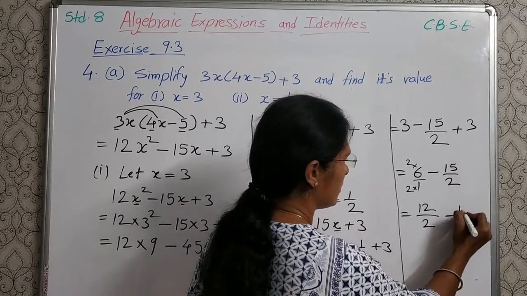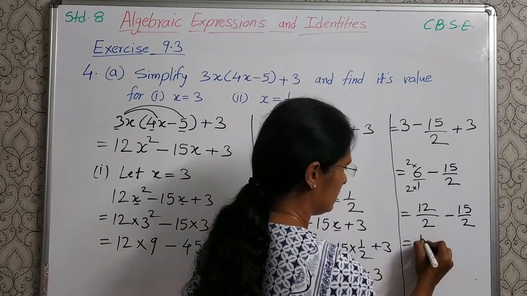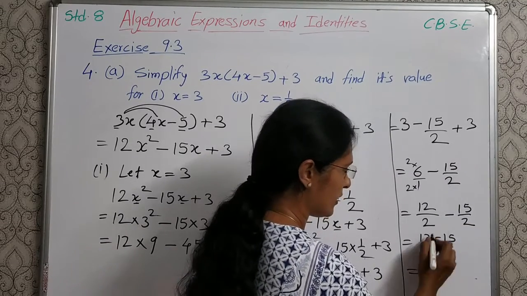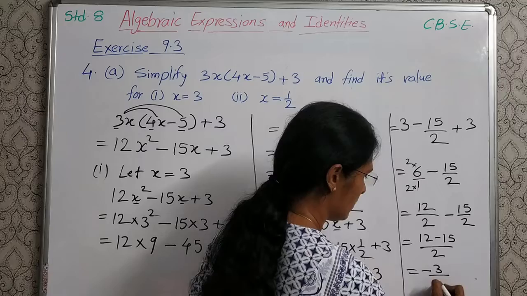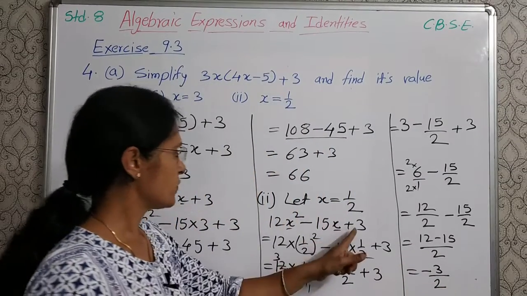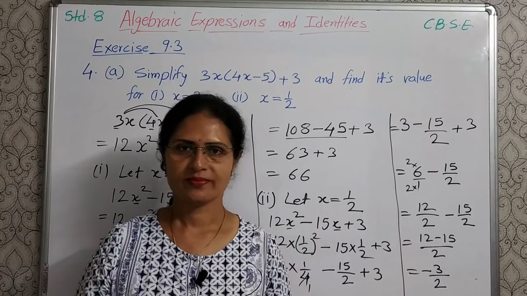Minus 15 by 2. Now 12 minus 15 by 2. 12 minus 15 is minus 3 by 2. So this is the value for this expression by substituting x is equal to 1 by 2.